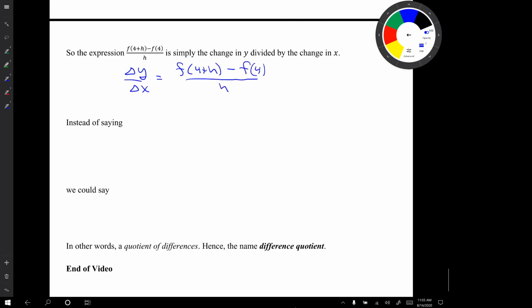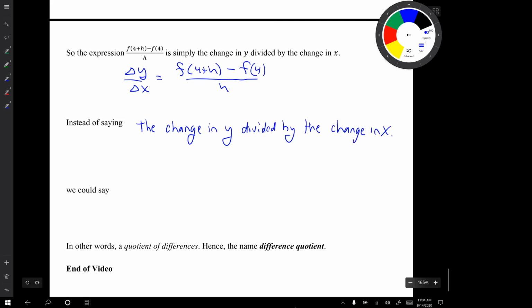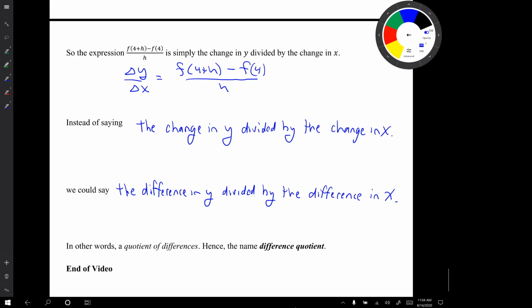Instead of saying the change in y divided by the change in x, we could say the difference in y divided by the difference in x. In other words, a quotient of differences, hence the name difference quotient.